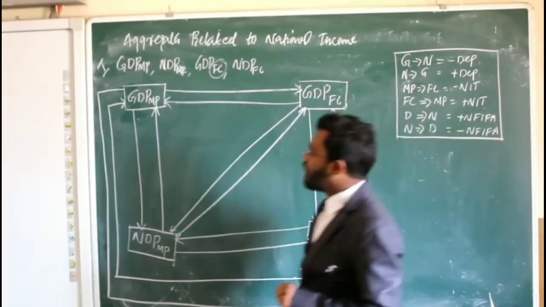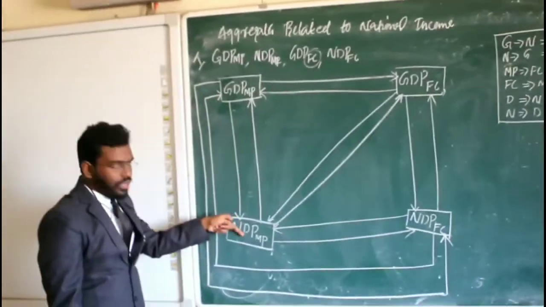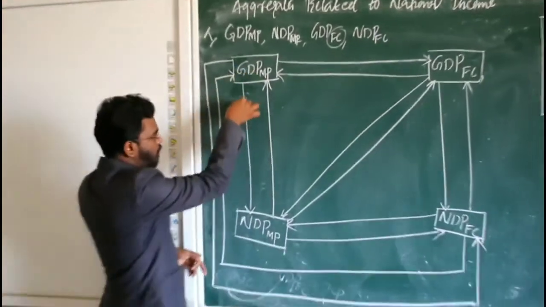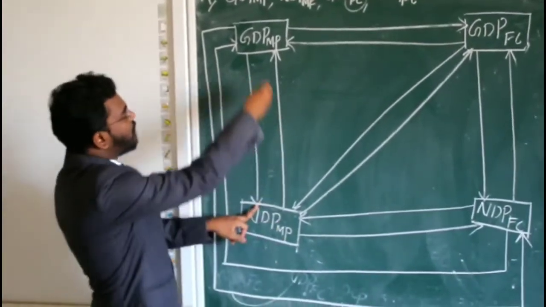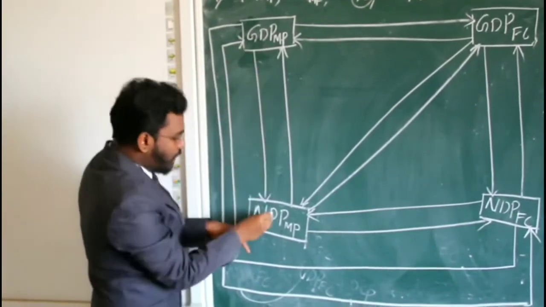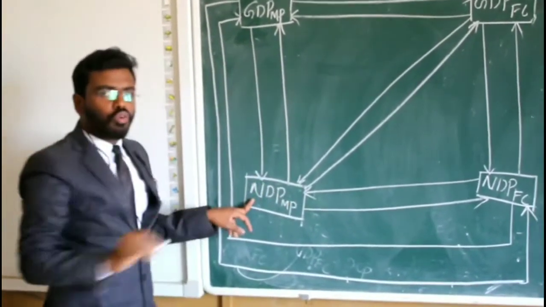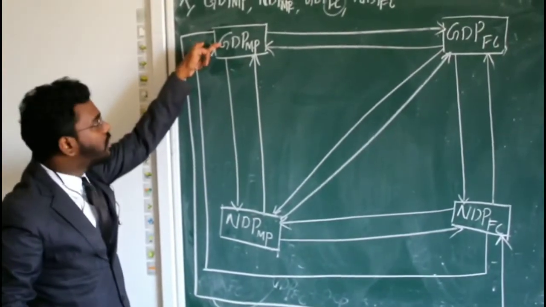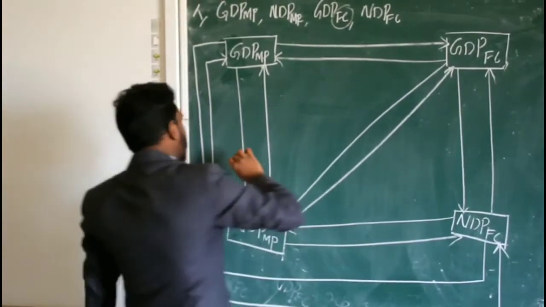So first one, that is conversion of GDP-MP into NDP-MP. Which letter is changed here? G changed into N. D and D are common, P and P are common, MP and MP are common. So how can we convert this G into N? G into N means minus depreciation.